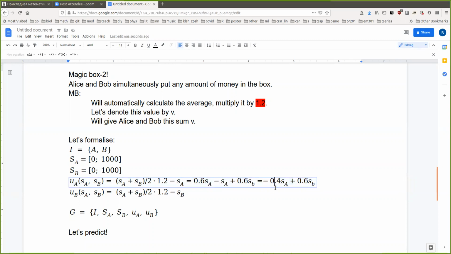I cannot influence SB, which is chosen by player B. I'm player A, I choose SA, and I look at this function and I see that the function depends on my choice with a negative coefficient. So the bigger the sum I put in the box, the smaller is my net profit.